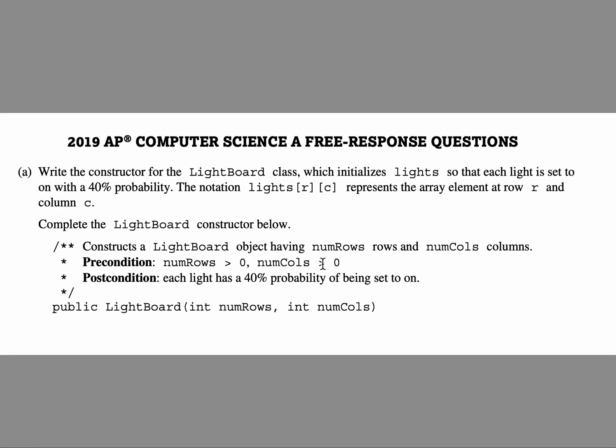You're going to be putting true and false inside of each of those positions in that 2D array, and you will assign a true to that position with a random chance, so a random variable. You're going to need a random variable, and you're going to make sure that random variable represents a 40% probability of happening, and if that random number happens, you set that position to true. So that's part A. Good luck.